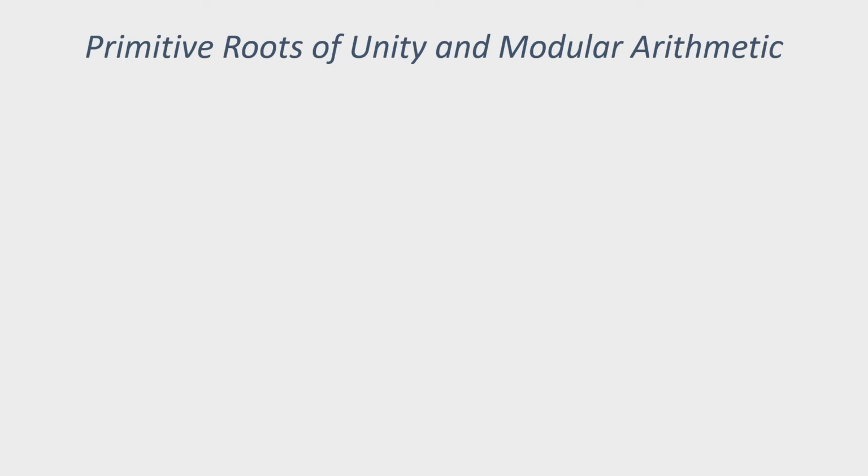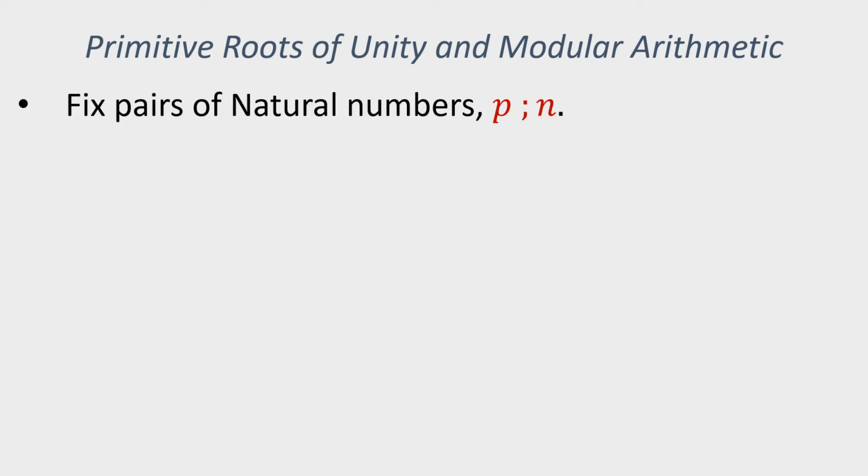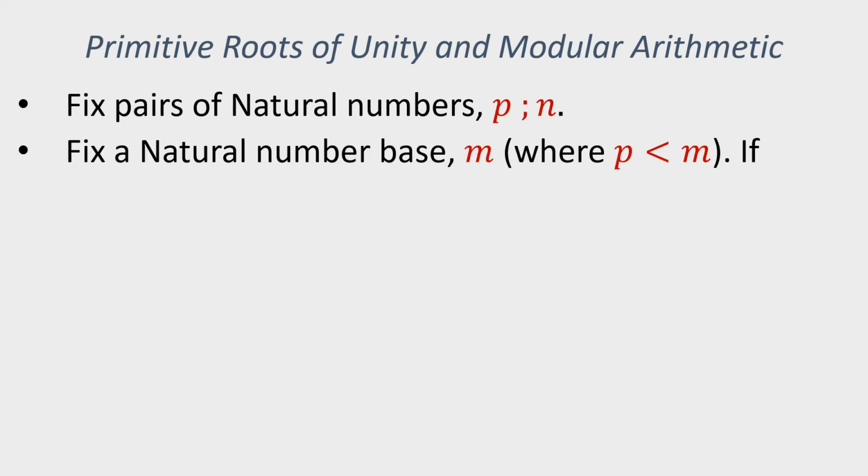So one of the issues with primitive roots of unity is that we're working in the complex plane. Now, it turns out we can develop an analog of these working with integer arithmetic. So what do we do here? We fix a pair of natural numbers, some natural number p and some natural number n. We choose a number base m we're going to be working in, subject to the constraint that the number p is less than the number base that we're using.